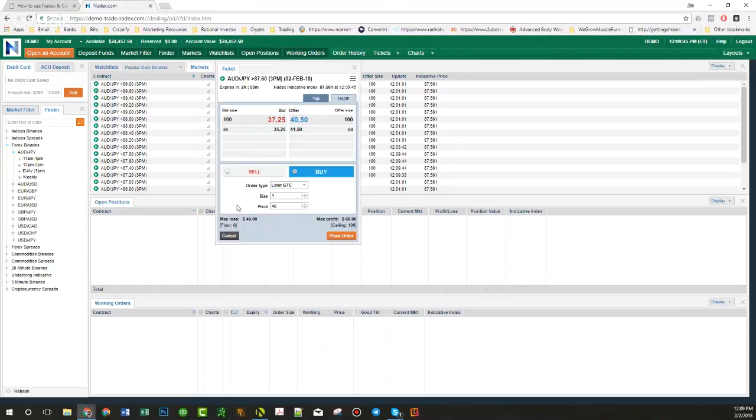You can see down here that my total risk, my max loss, is $40 because I'm willing to spend $40 for that $100 contract, which means if I win, if this is above 87.60 at 3 p.m., I win the whole $100. So I bet you this price is going to be higher at 3 p.m. And I'm going to bet you $40 of the total price of $100.